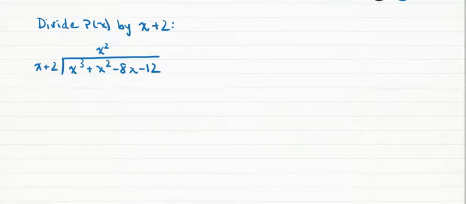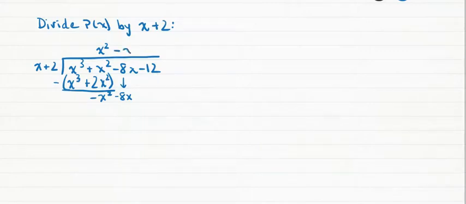Then I multiply x squared times x plus 2, which gives me x cubed plus 2x squared, and I subtract. So that gives me 0, and x squared minus 2x squared gives me -x squared. I bring down the -8x and repeat the process. X times what is -x squared?